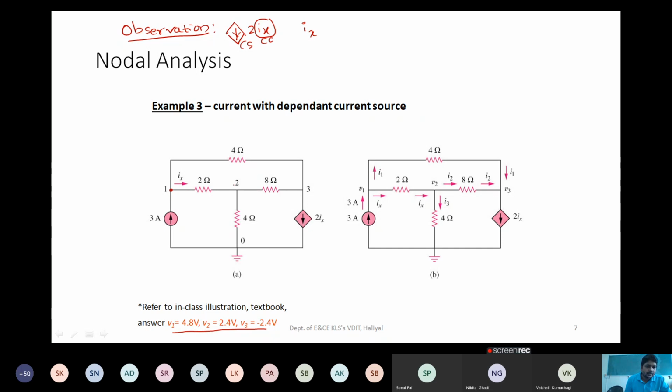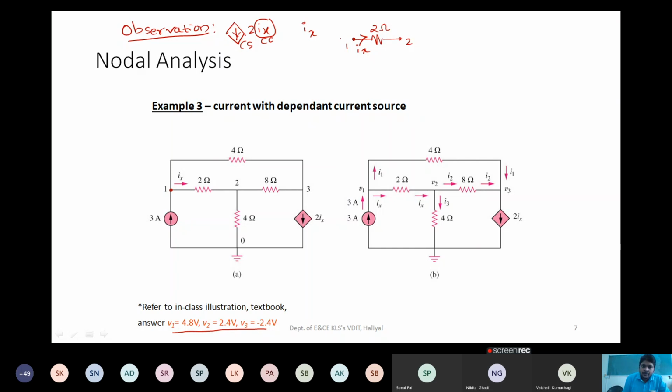So you have the Ix flowing from node number 1 to node number 2 with the 2 ohm resistor in between. Now looking into the direction of the current and following the passive sign convention, current will flow from higher potential to lower potential.